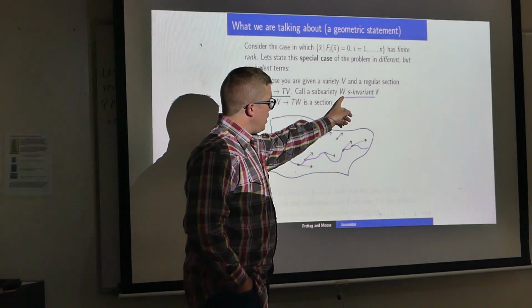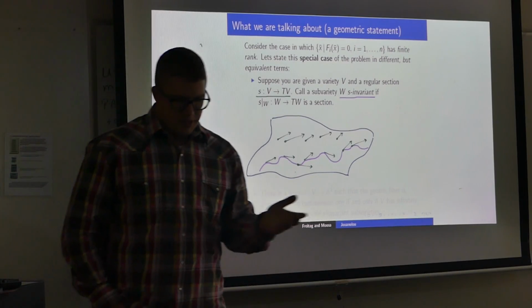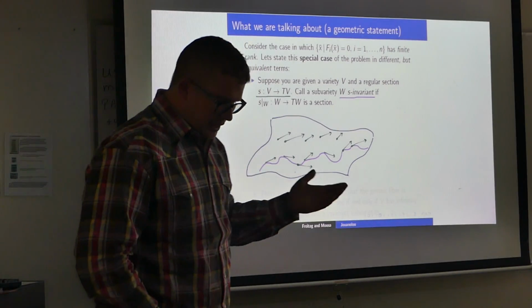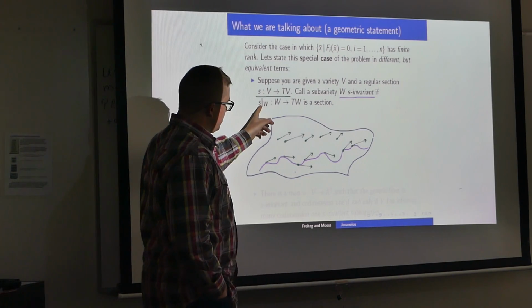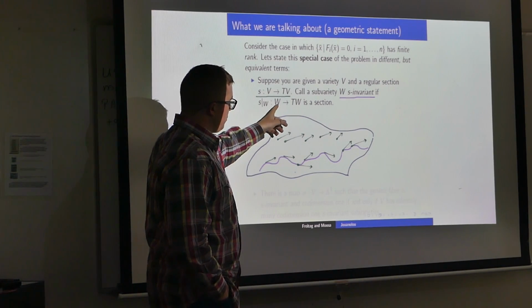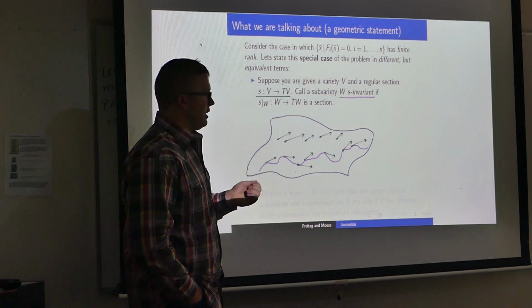So then you call a subvariety W invariant, or in the language from yesterday, a D-subvariety of V, if when we restrict the map s to W, we still get a section of the tangent bundle.